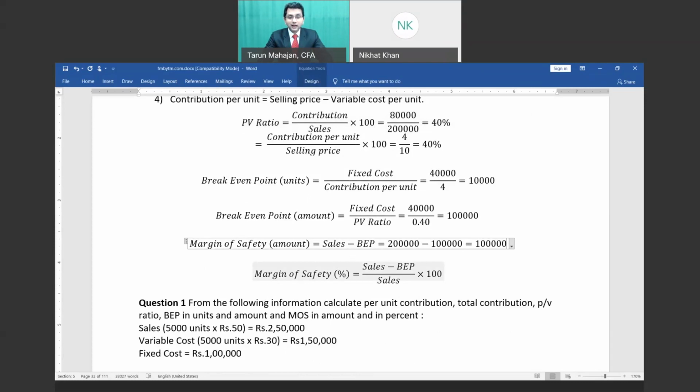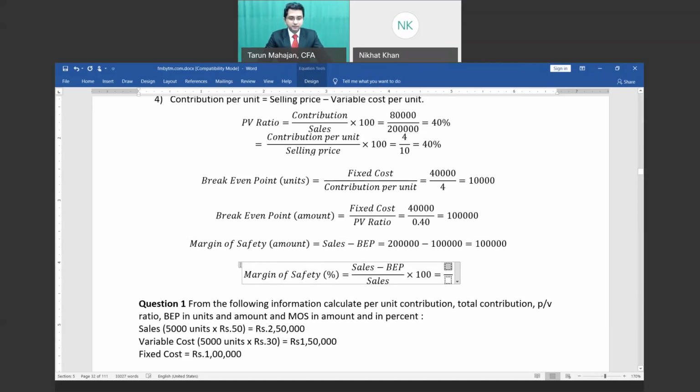Break-even point is 1 lakh rupees. My total sales is 2 lakh rupees. So that way I have got margin of safety of 1 lakh rupees. And then here comes margin of safety in terms of percentage. So you already know that margin of safety in terms of rupees is 1 lakh rupees.